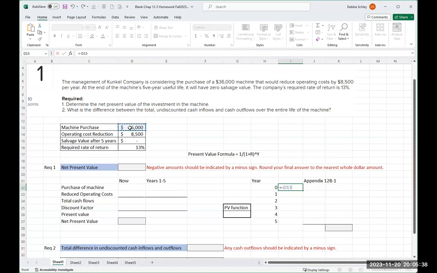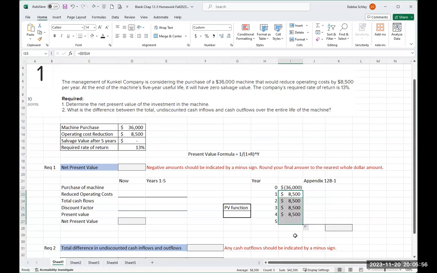Because that's a cash outflow. So negative 36,000, and then years 1 through 5 is going to be 8,500. I'm going to anchor that cell with the dollar signs so that I can drag that down because it's the same for each year, 1 through 5. Okay, so there's my in and out of my cash.